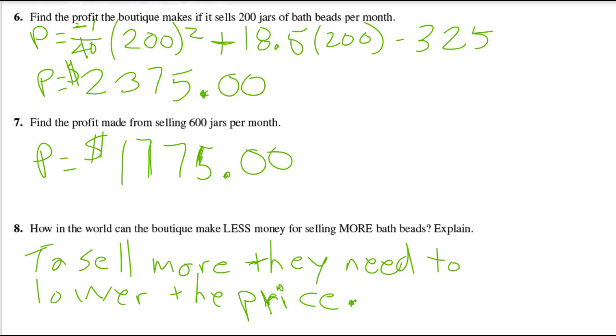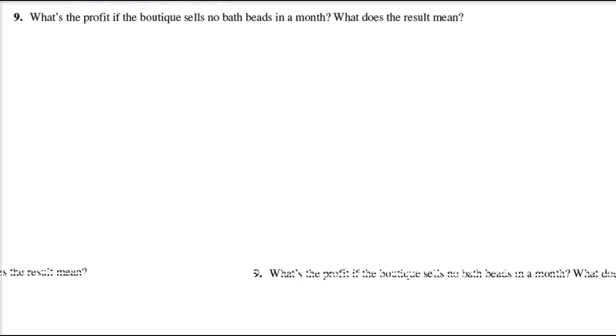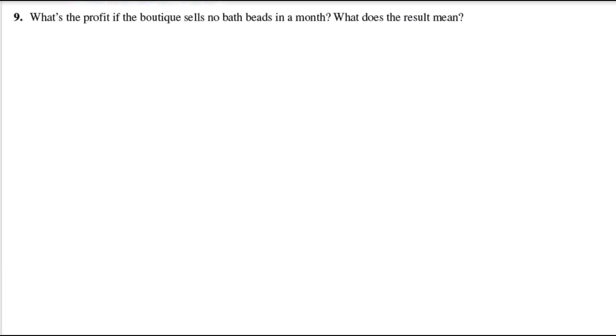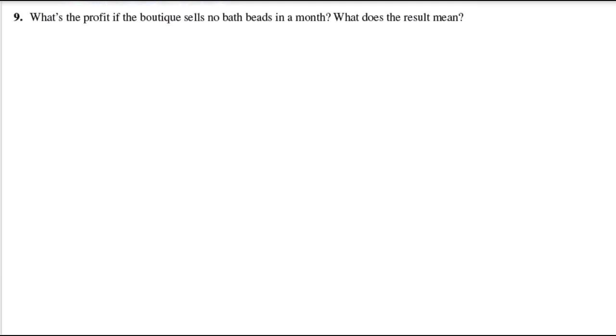Okay. Question 9. What's the profit if the boutique sells no bath beads in a month? What does that result mean? So think about that for a moment and restart the video once you're done.